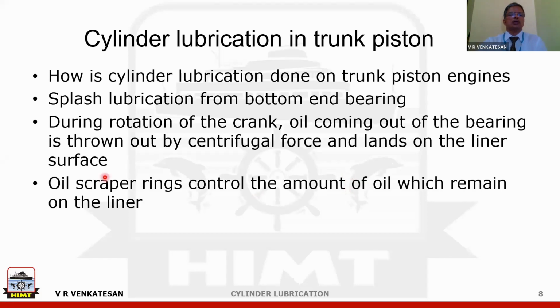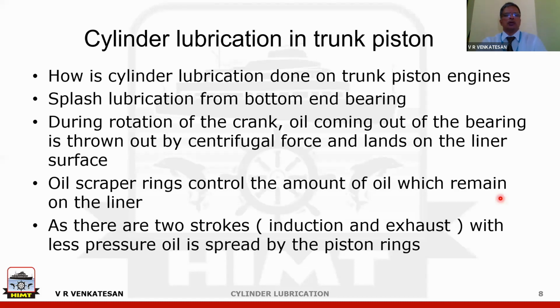Then most of this oil will be scraped down. So you have oil scraper rings. They will control the amount of oil which will remain on the liner, and this oil is scraped down. In the case of a 4-stroke engine, there are advantages, because nowadays trunk piston engines are only 4-stroke.